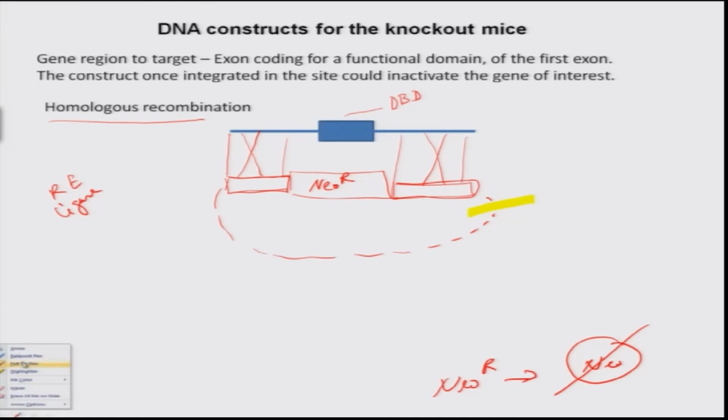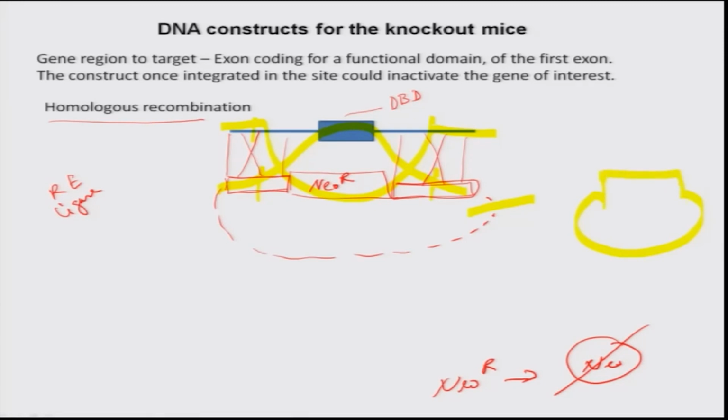You expect a double strand break here, here, here and here. So, this DNA would get joined with this and this, and you will have this DNA joined with this and this. As a result, you may have a plasmid having the exon of the gene coding for the DNA binding domain, whereas your gene now has got the neomycin.